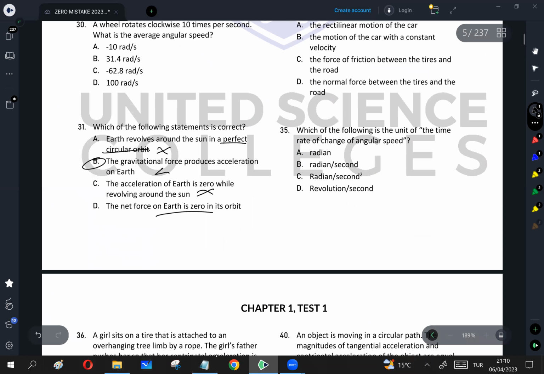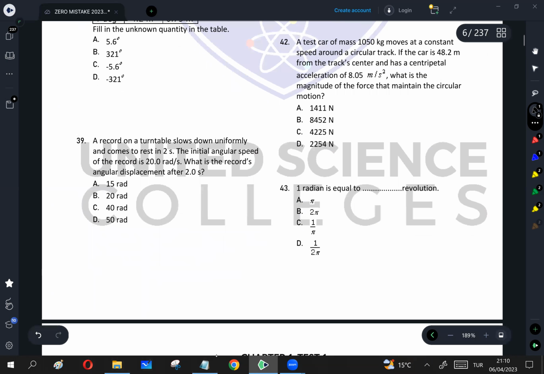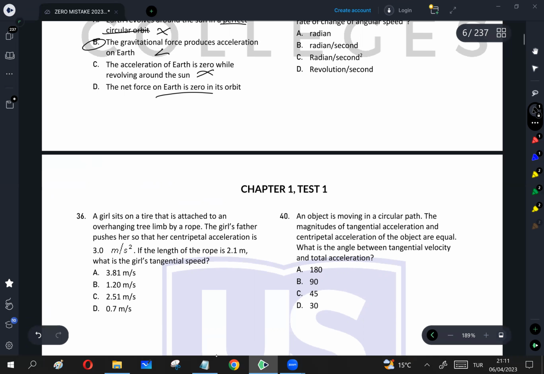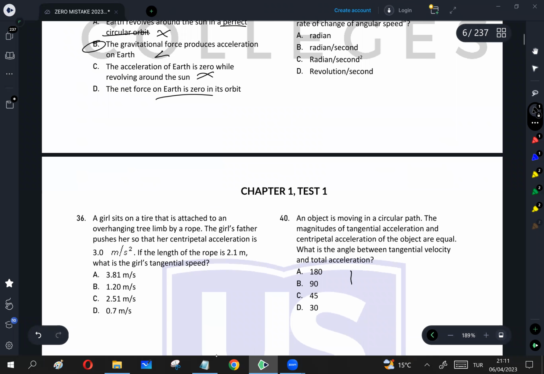And 40. The object is moving in a circular path. The magnitude of the tangential acceleration and the centripetal acceleration of the object are equal. What is the angle between the tangential velocity and total acceleration? We know there's an equation, tangent theta, which calculates the angle between the direction of velocity and total acceleration, AC over AT.